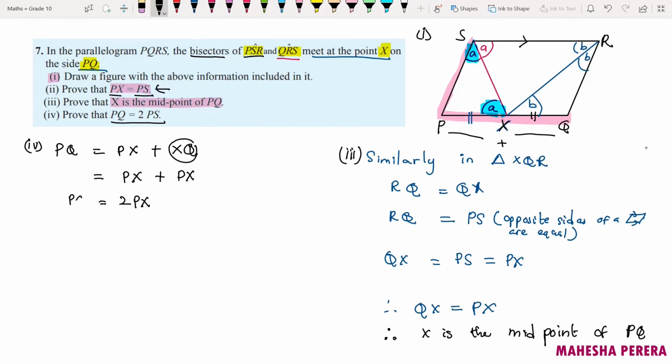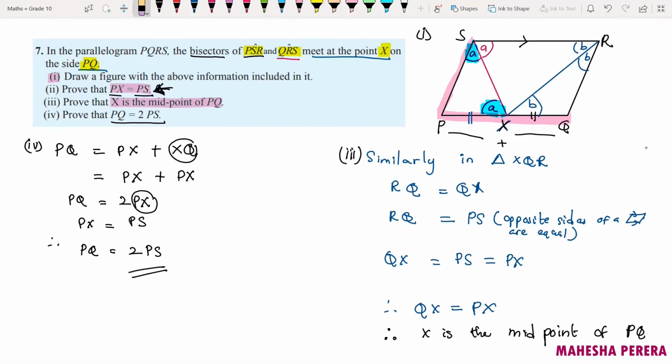And do you remember PX exactly equals PS? Why? We proved this. Therefore, instead of PX, I can write 2PS. Right? Here we can now write PS in place of PX. That means PQ equals 2PS, right?